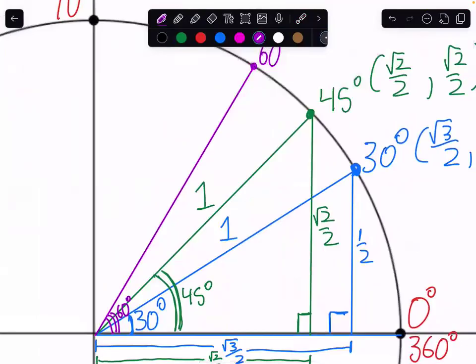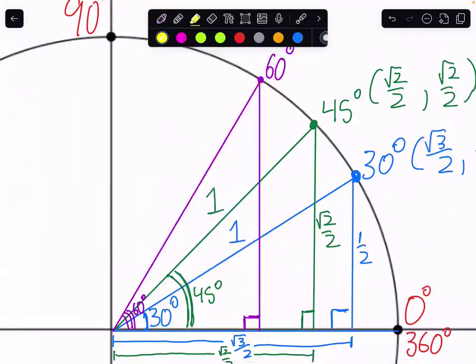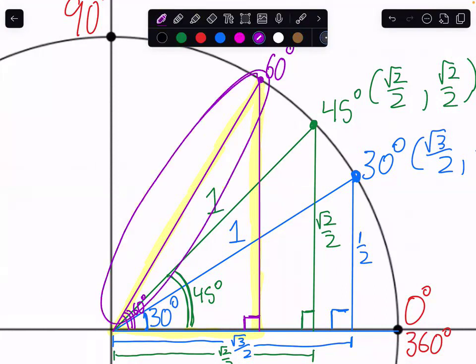Okay, so like before, we need to form a right triangle. So draw the altitude straight down. Okay, so now we're working with this triangle. Okay, so just like the first two, the hypotenuse is also a radius. So the hypotenuse is 1 unit long.